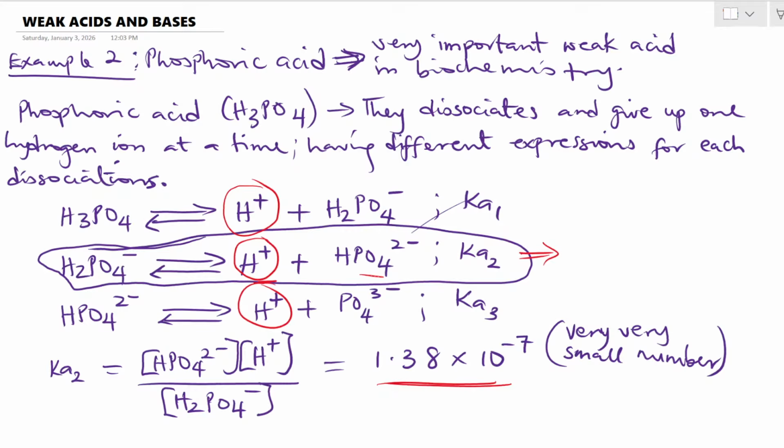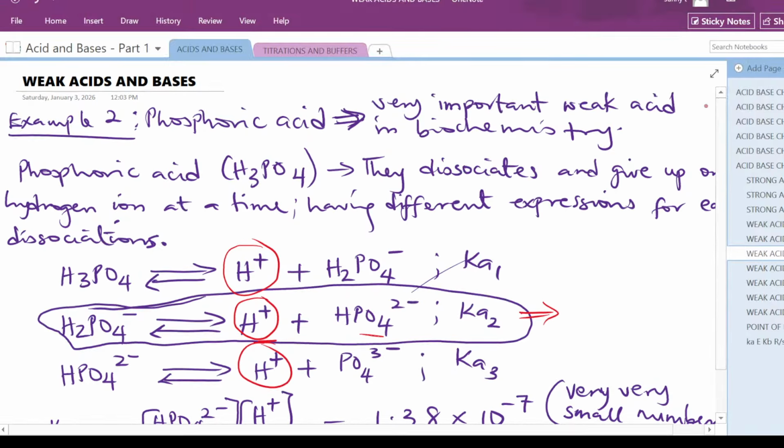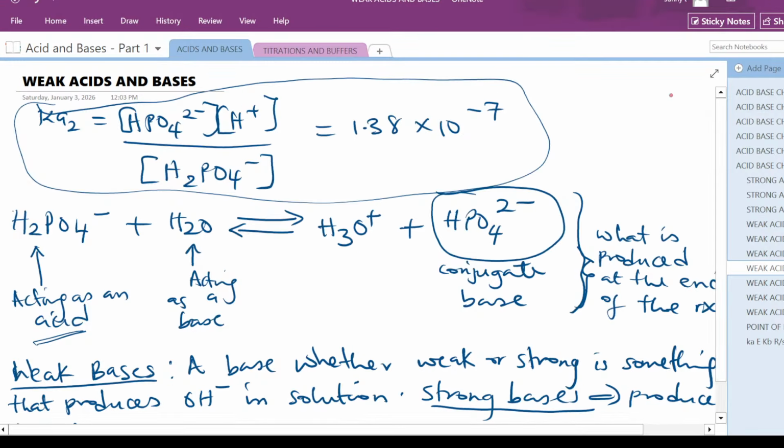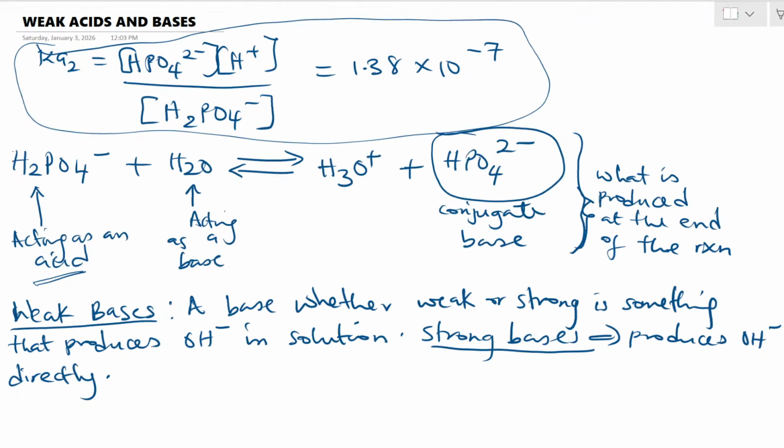If we take this out and see how it adds, we'll look at it on the next page. Having this, you could see that right here H2PO4 minus is actually acting as an acid, and it gives off its hydrogen to water.